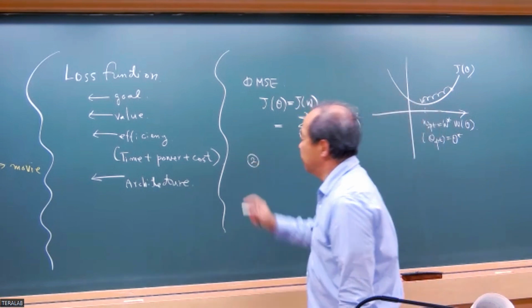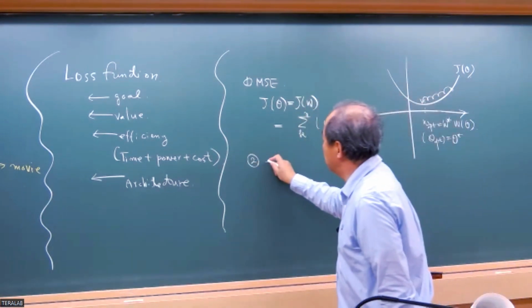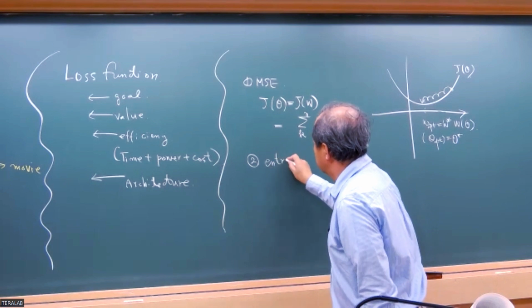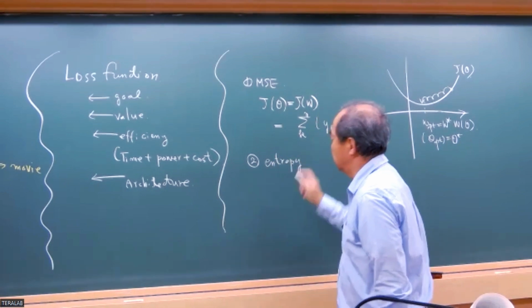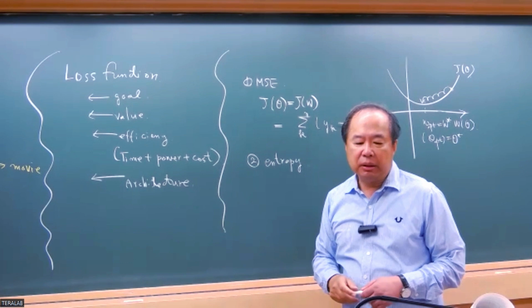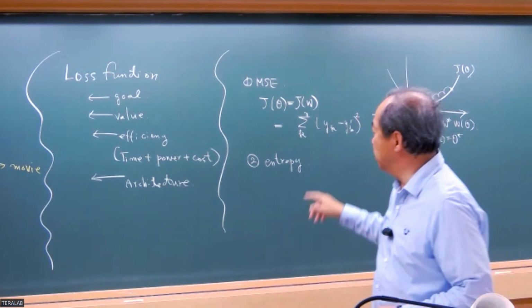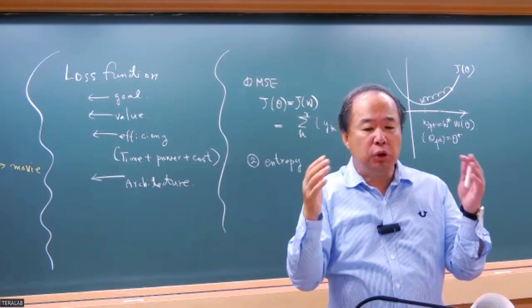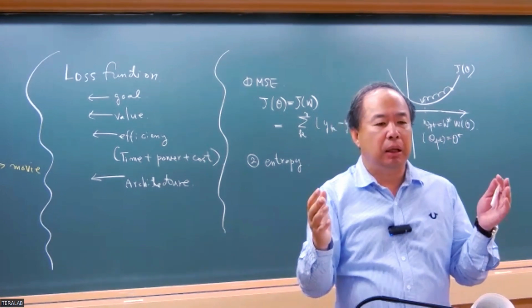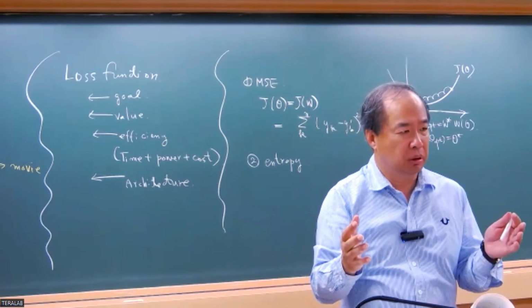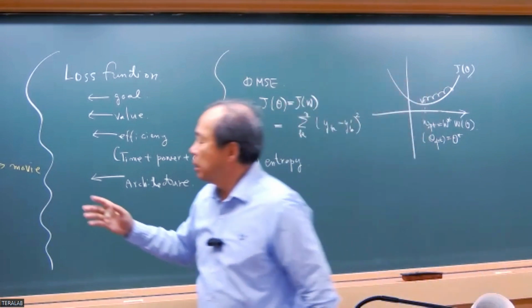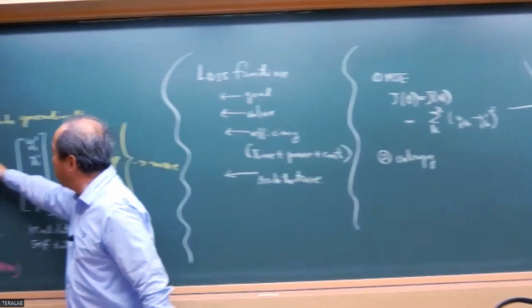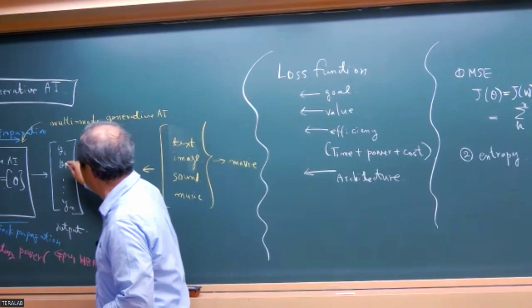The second type of loss function is entropy. Later in this class, I'm going to go deeply into the meaning of entropy. Entropy is the amount of information contained in y1, y2, and yn.